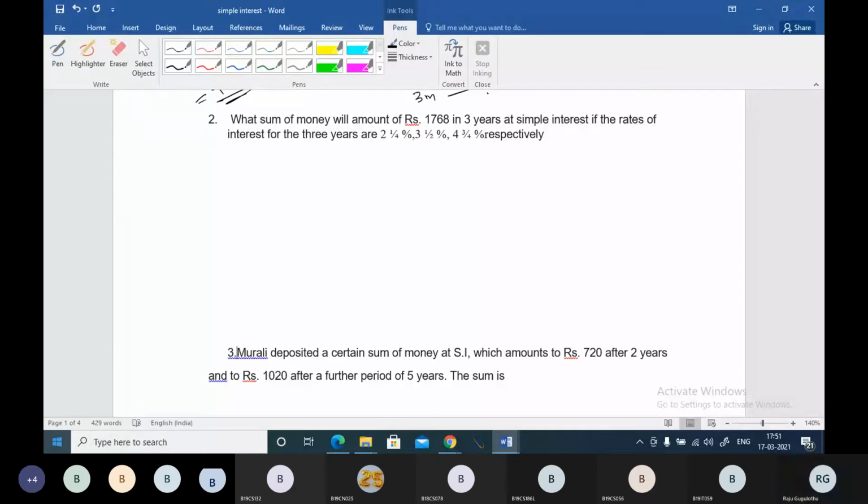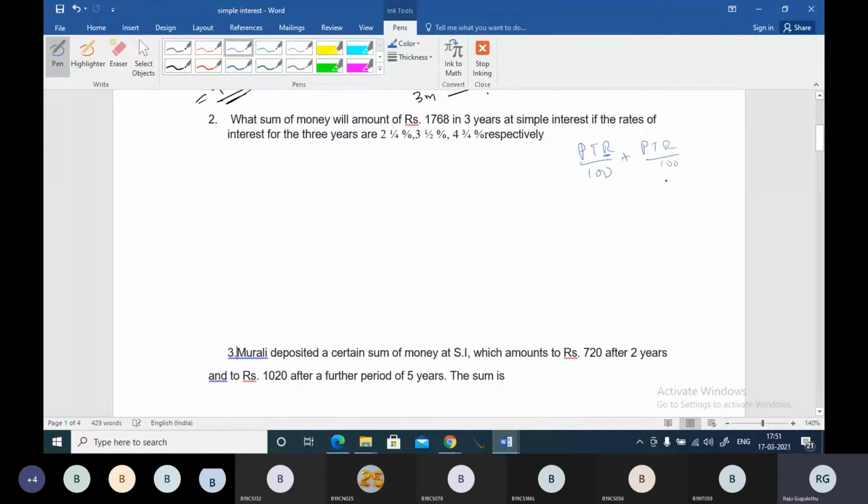So what sum of money will amount to rupees 1768 in 3 years at simple interest if the rates of interest for the 3 years are given? Guys, you can take this problem like this. See, for the first year, let's say PTR by 100. For the second year also, when the rate of interest is different, you will once again find PTR by 100.